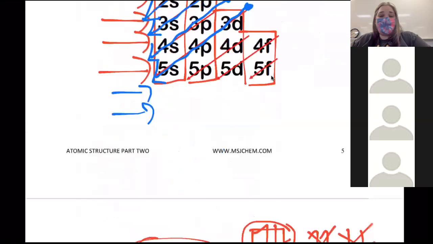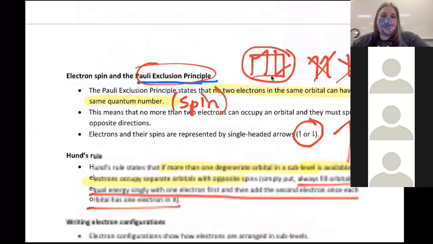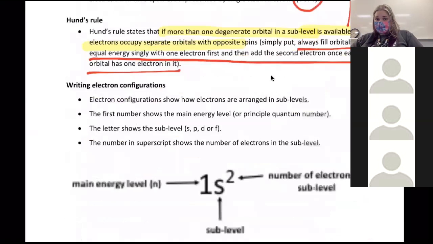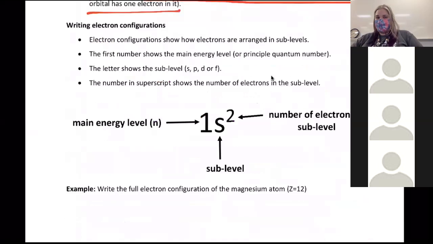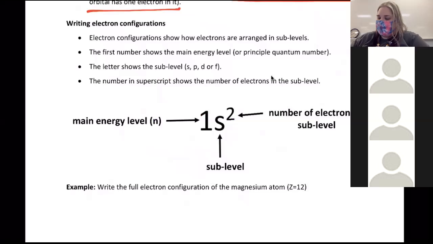All right, so now we're actually going to talk about writing them. Again, you did this last year, so hopefully this is just a refresher. Our configurations take all these rules and all this information and put it together in a way for us to represent it almost like a code, okay? So we'll have a big number in the front, and that number is our N. That's our main energy level.